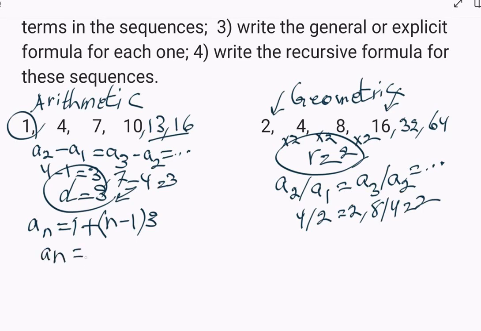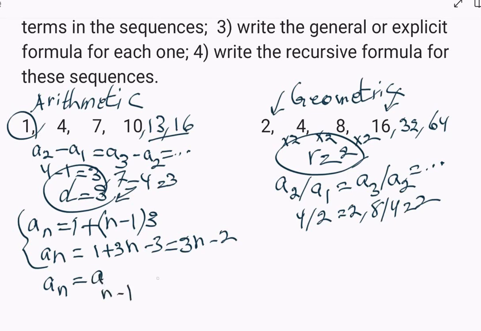A sub n equals 1 plus 3n minus 3, which equals 3n minus 2. How about the recursive formula? That was the general formula. The recursive formula is a sub n equals a sub n minus 1 plus d, which is 3.